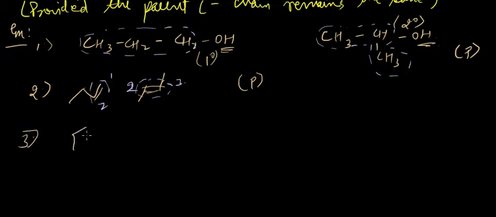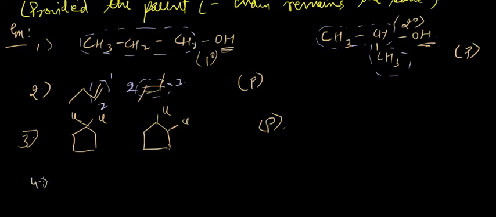We have a cyclopentane ring substituted with 2 chloro groups and another cyclopentane ring substituted with 2 chloro groups. Here the position of the substituted chlorine atoms changed, and both of them are positional isomers of each other. For your information, this compound is known as geminal and this is called vicinal.